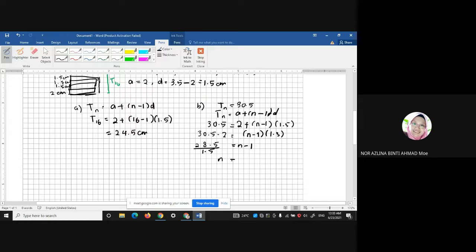So this answer is 19. So 19 plus 1, so n equal to 20. Okay, this is for B. So the final answer is 20 books.